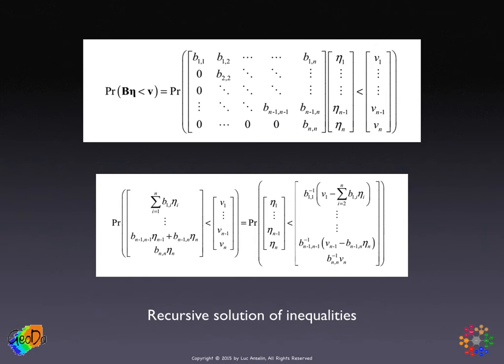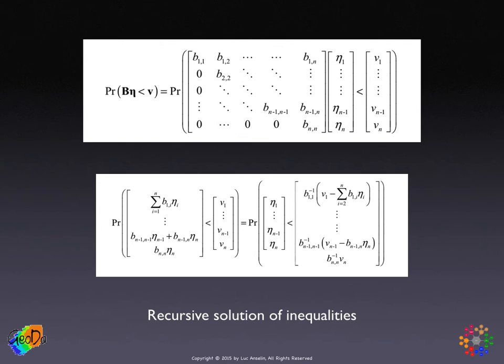Now, the interesting thing is that at the bottom of the matrix, we have Bnn times eta n is less than Vn. Okay, and that can be solved, as you see on the bottom graph, as eta n is less than 1 over Bnn times the bound. Bnn is a scalar. This is not a matrix inverse. So it's basically the original bound, the minus z x beta for n, divided by Bnn.